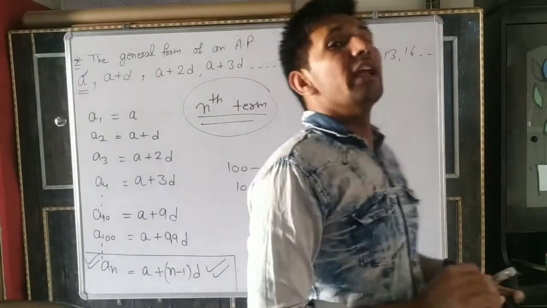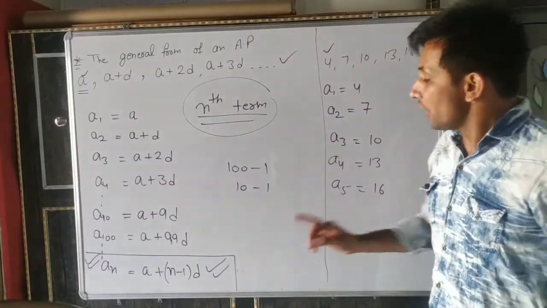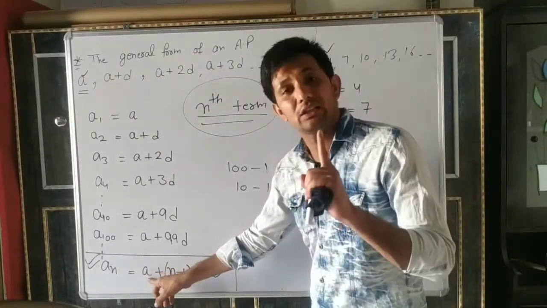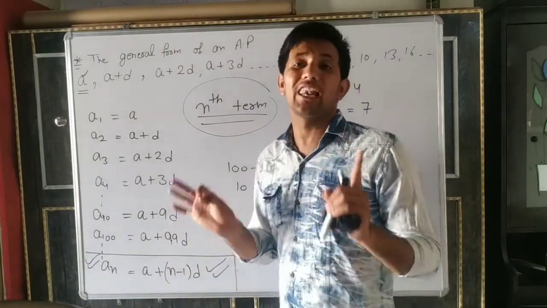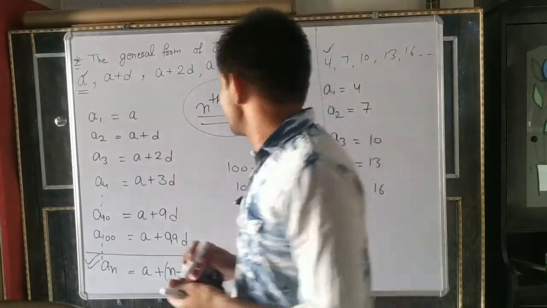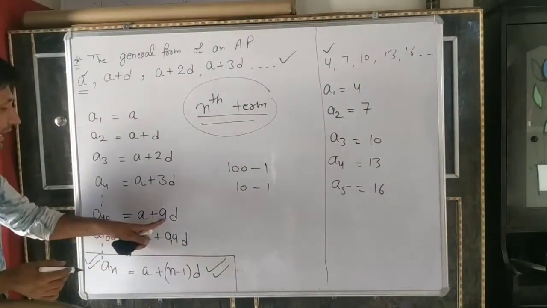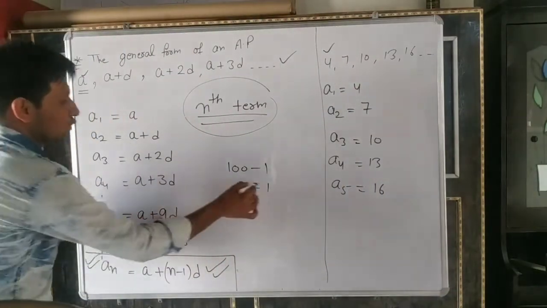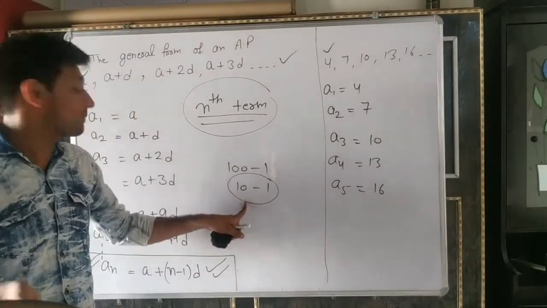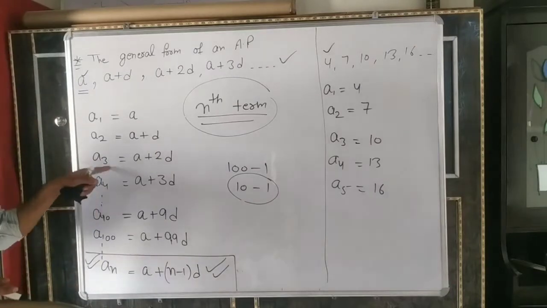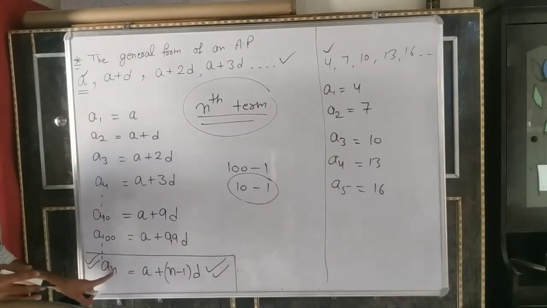Understand here? In every question, dear, there are 4 values. A is the first term, D is the common difference, N means the total number of terms. If I write here N minus 1, 9, how does 9 come? 10 minus 1. 10 means the number of terms. And A4, A3, A2, A1, AN.